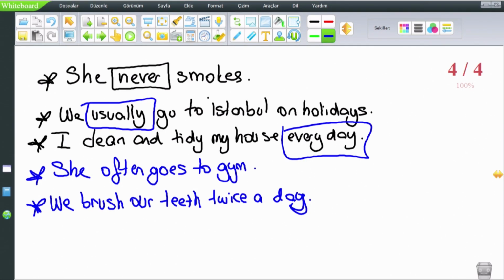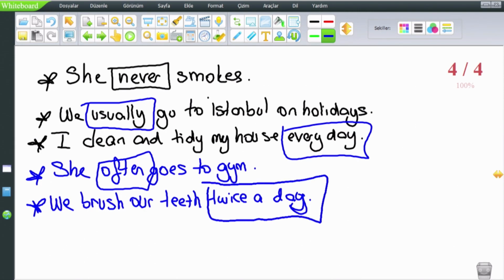These are some of the examples for the time expressions that we mentioned. Be careful with the time expression because it is important to differentiate it from other tenses we use, because every tense in English has its own time expressions.